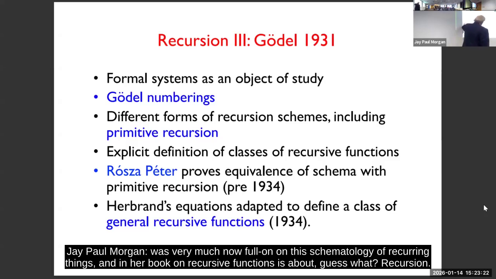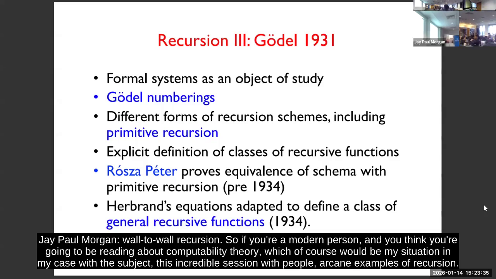And also Rózsa Péter, who I mentioned earlier, was very much now full on this schematology of recursion. Her book on recursive functions is about, guess what? Recursion. Wall-to-wall recursion.